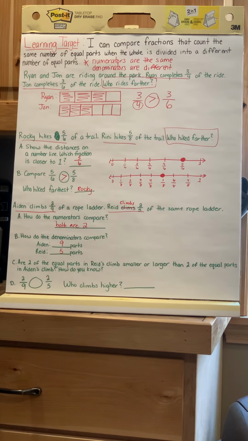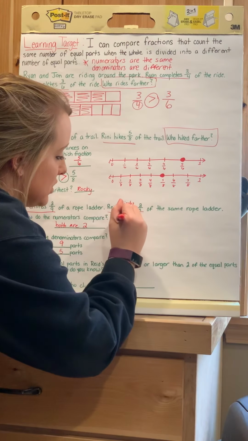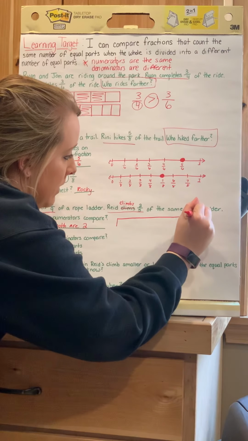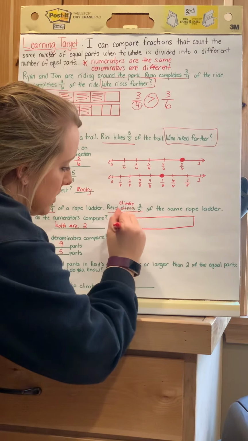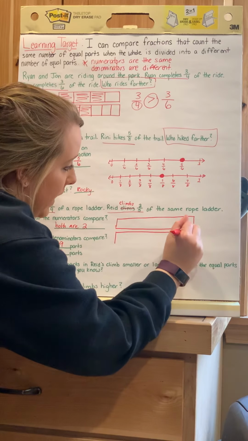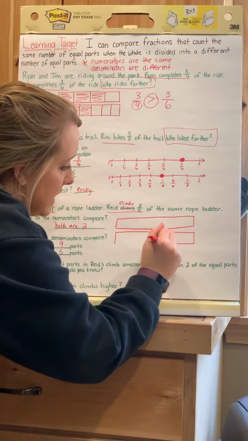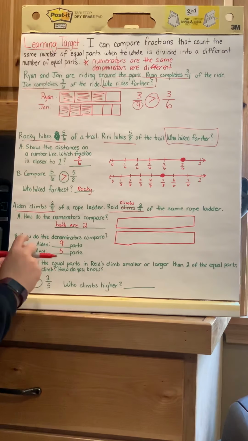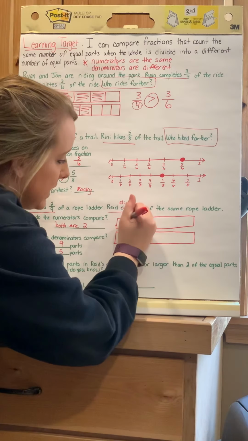So, if I can't remember that the more parts my whole is split into, the smaller the fraction, especially when we have the same numerator, I can draw it. That's always the best choice for me to make, is to draw out my fractions. So I'm just going to do fraction strips again, make sure they are the same length. So Aiden was split into ninths.